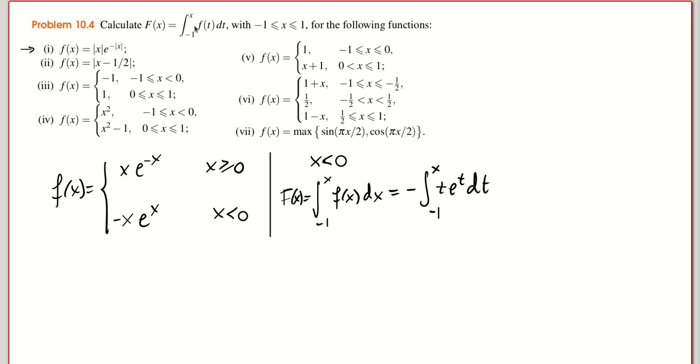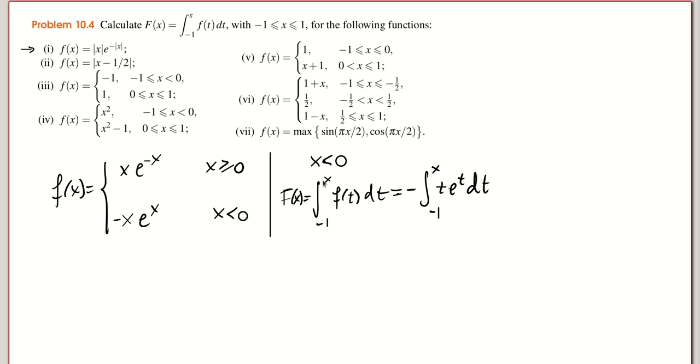I'm using t here, not to confuse it with the x that we put here. By the way, I should have done the same thing here, so let me just change that. I'm going to write t and dt, t e^t, just to avoid confusing one variable with the other. This is the integration variable, this is the upper limit.